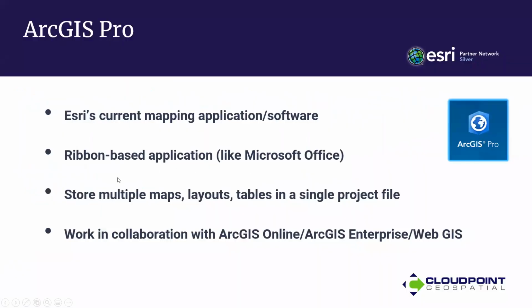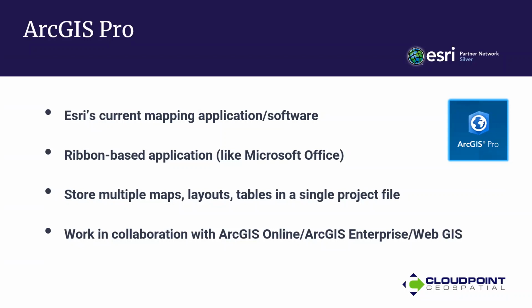Okay, so what is ArcGIS Pro? It is Esri's current desktop mapping software for exploring and analyzing spatial data, creating maps, and sharing content. A few things that differ from ArcMap are that ArcGIS Pro has a similar ribbon-based look and feel as the Microsoft Office products do.